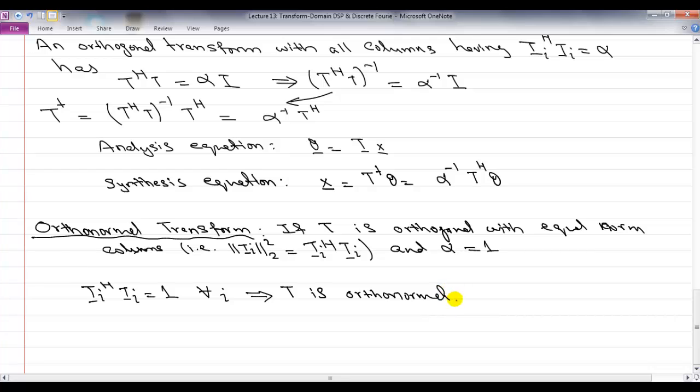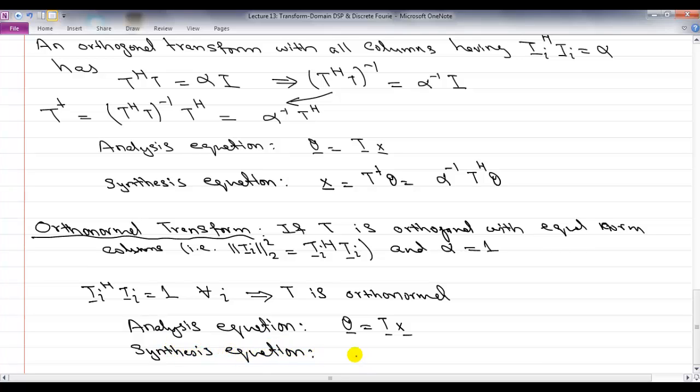And whether you have orthonormal transform or orthogonal transform, the only difference is alpha. So in that case, your analysis equation again doesn't change. That stays theta equal to Tx, whatever your T is, but your synthesis equation simplifies further. That becomes only x equal to T Hermitian theta.